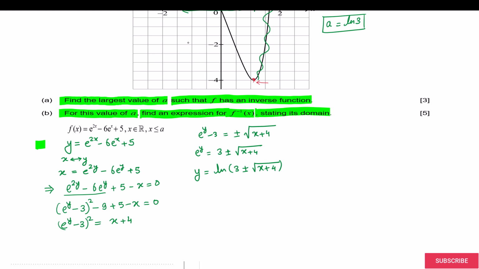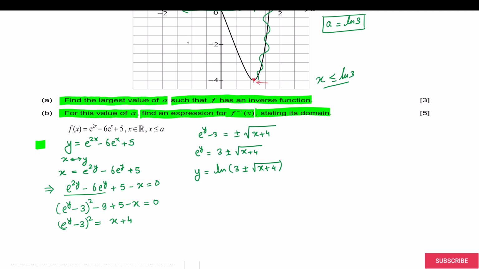That's the last step, and now we will decide whether to choose the plus or minus sign. We can see the domain for the original function f(x) was x less than or equal to a, which was ln 3, and the domain for f(x) is the same as the range for f inverse x.